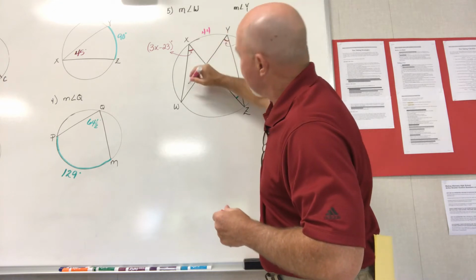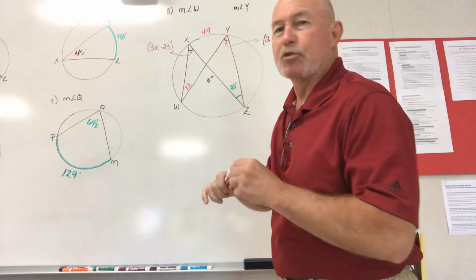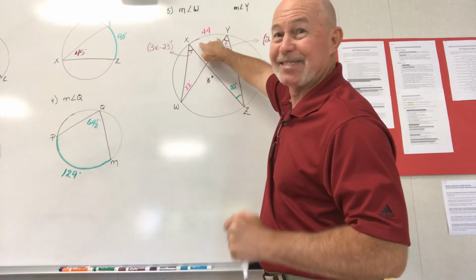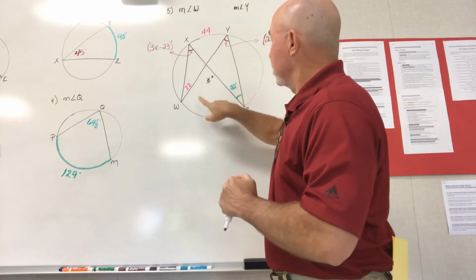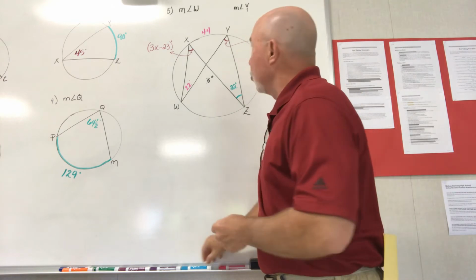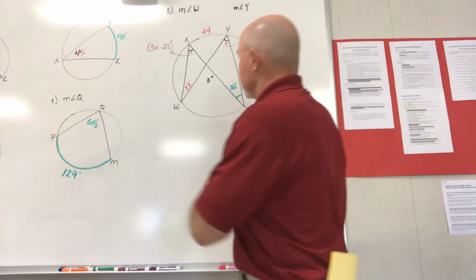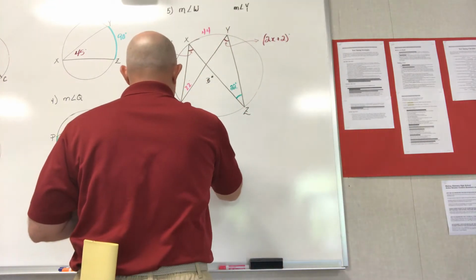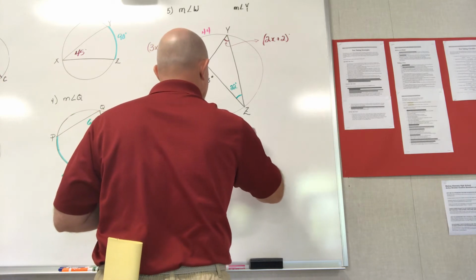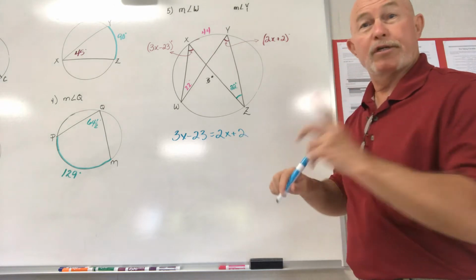So angle W is 22, half of that. Two angles that intercept the same arc have to be equal to each other. Now we're going to find this. This equals this. There's your setup. We're going to solve for x.